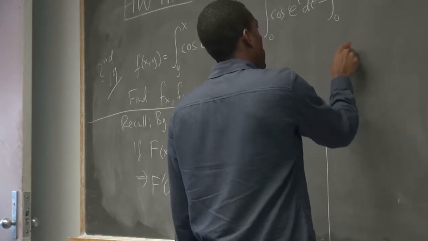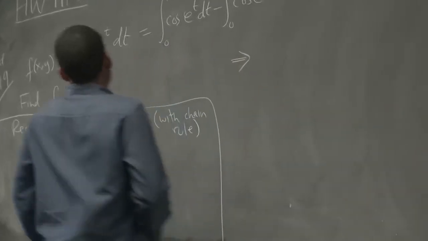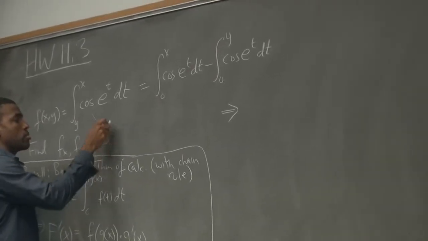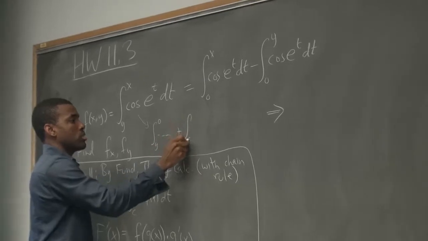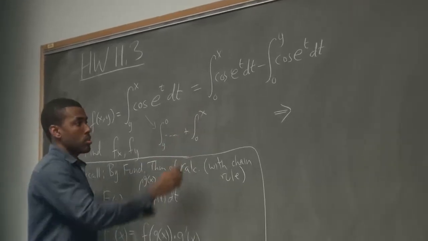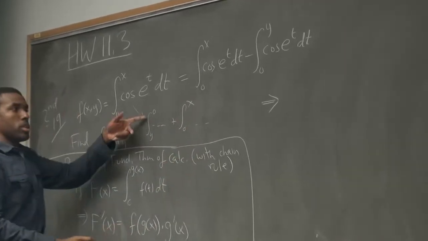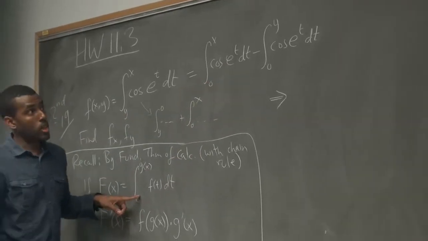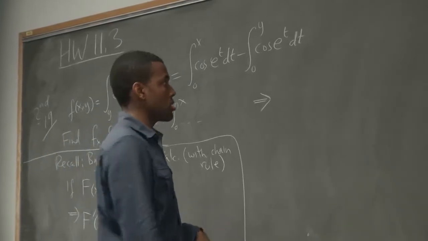And that's because we're inverting the limits of integration. I think of this as y up to 0, plus 0 to x. And then to flip the limits, you just take the negative of the integral so that it looks like this. Once it looks like that, I can start to differentiate.